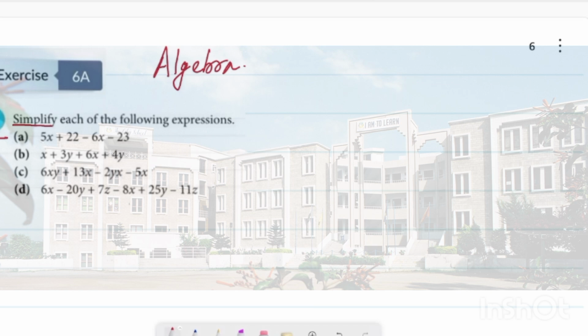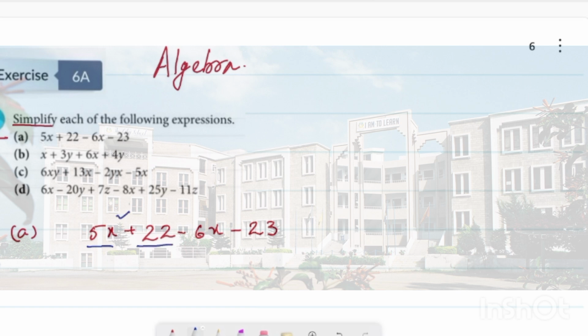So let's write down the first question, which says simplify 5x plus 22 minus 6x minus 23. Now we need to know that we have to arrange the like terms, because like terms will be added or subtracted in algebra. 5x cannot be added or subtracted with 22 because these are two different terms.